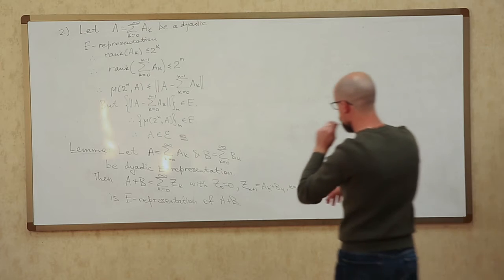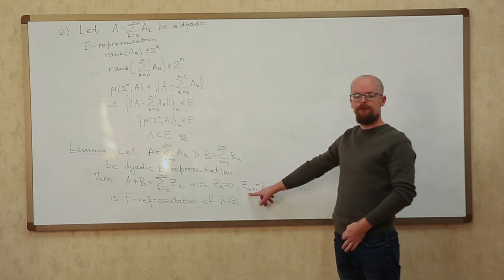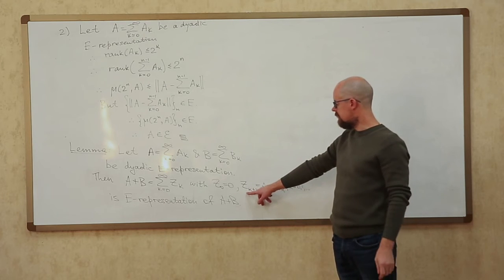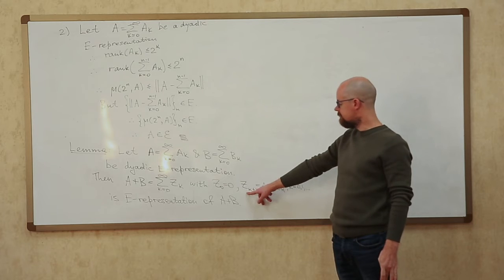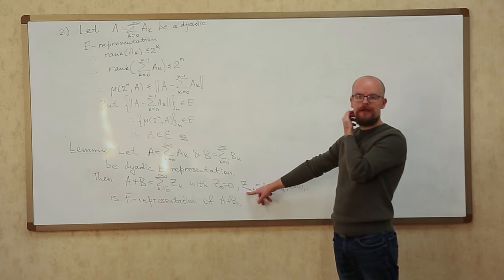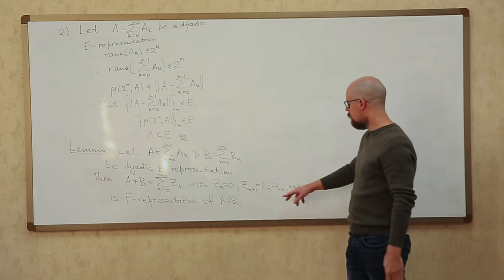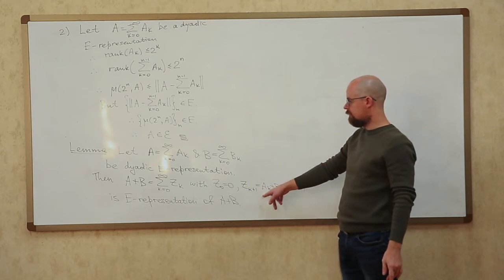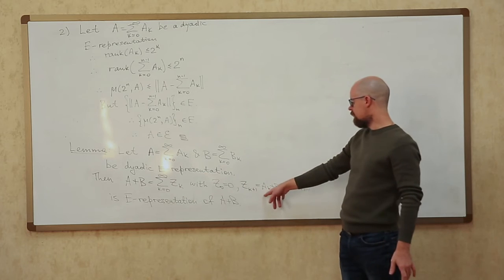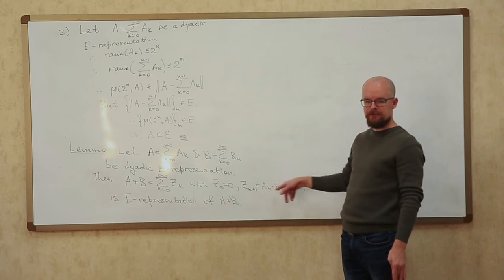Because we want to consider the representations such that each operator Z_k has rank less than 2 to the power of k. And we want to construct it from A_k and B_k, the sum of them.